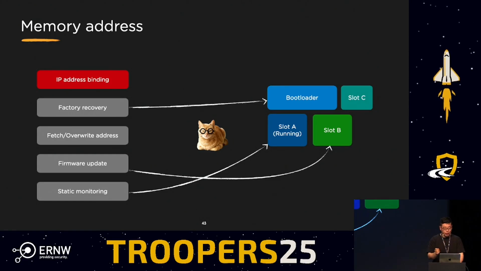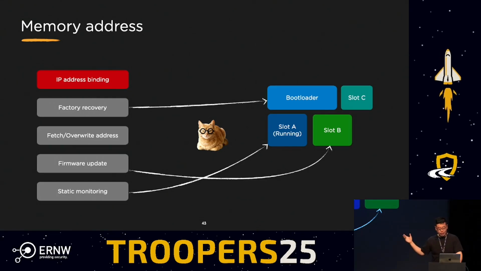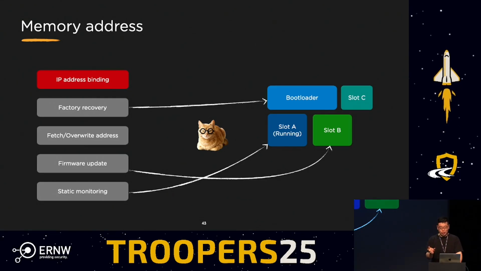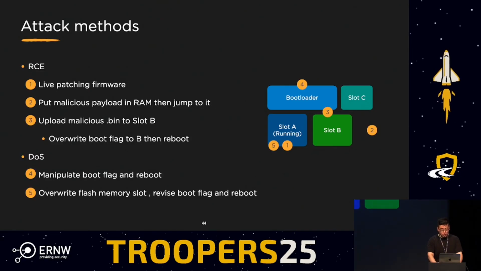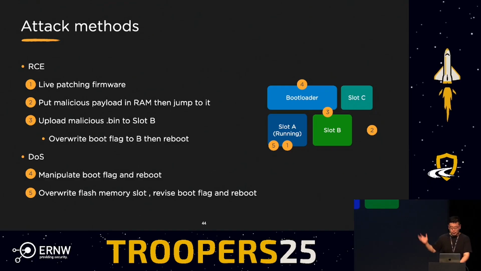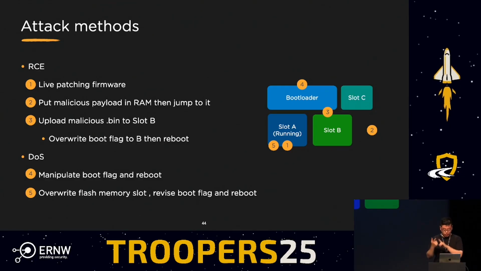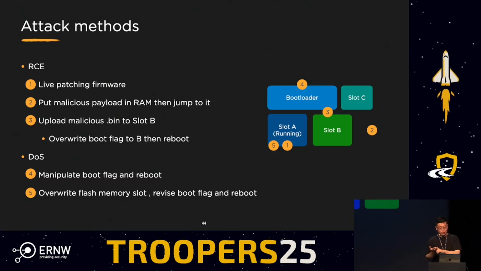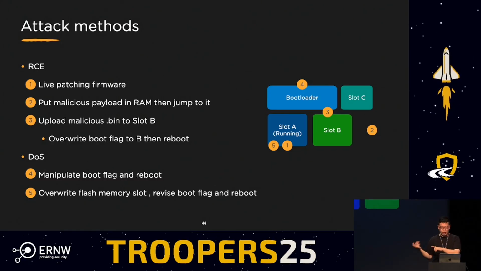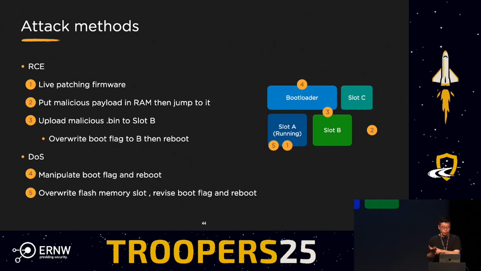And the static monitoring allows me to see the running slot A, the part of memories that I can access. So now we know about the bootloader, the boot flags, slot A for the running binary, and slot B for the firmware update. And there should be a slot C for factory recovery.